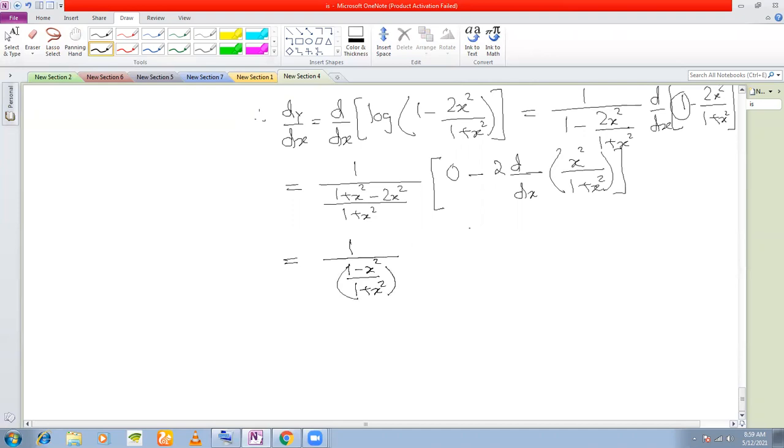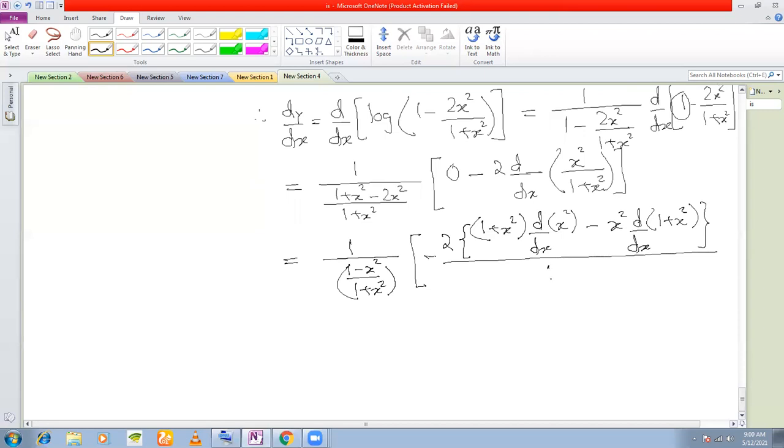And here now you differentiate within this by the u by v rule. So this is minus twice of v d/dx of u minus u d/dx of v, whole divided by square of the denominator.